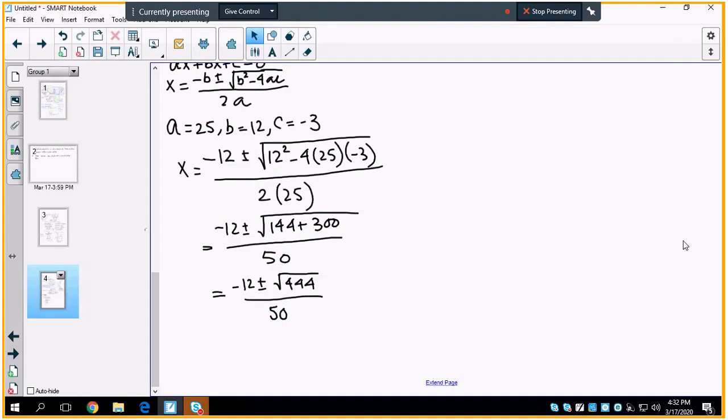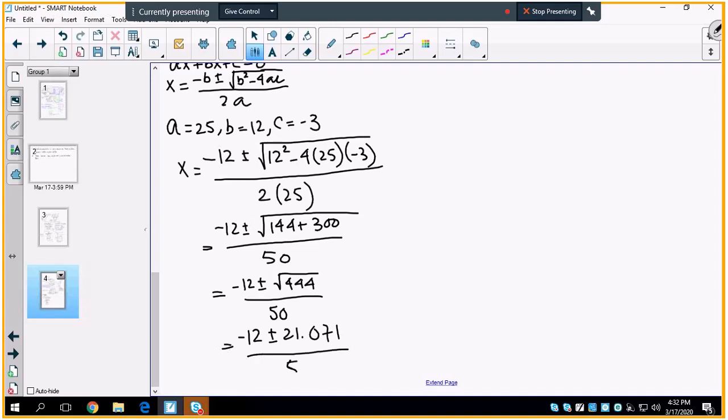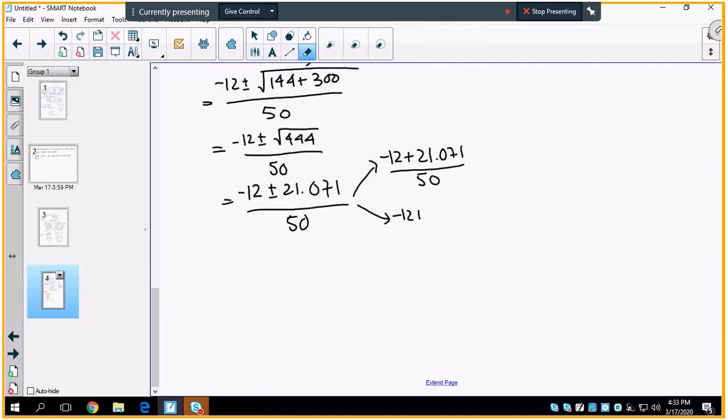So that means your answers are going to be reduced to negative 12 plus or minus 21.071 all over 50. So you will get two answers, one for the plus and one for the minus. Let's do them. You will get negative 12 plus 21.071 over 50, and you will get negative 12 minus 21.071 all over 50.